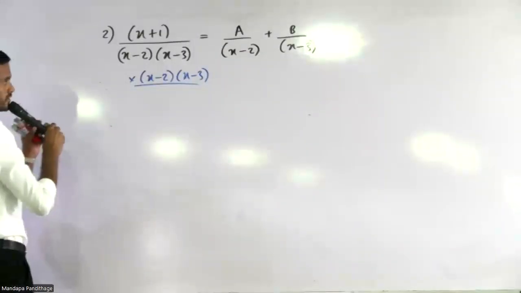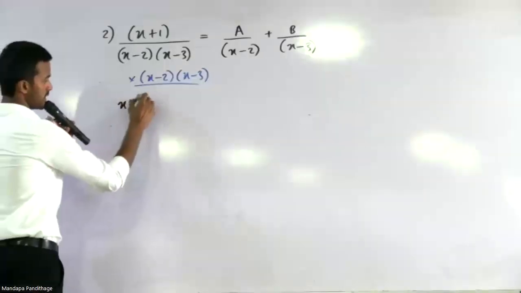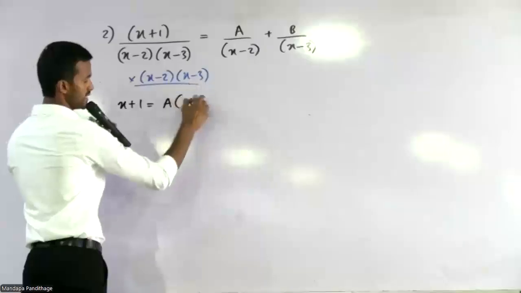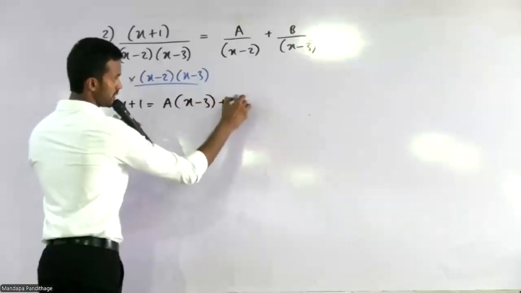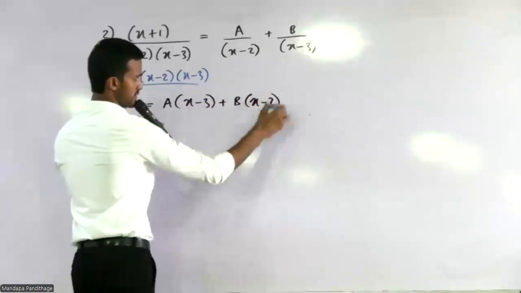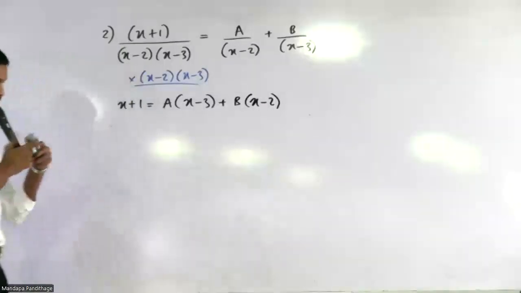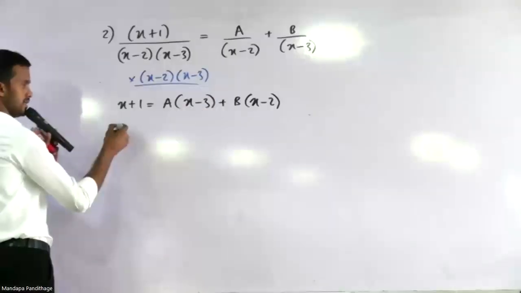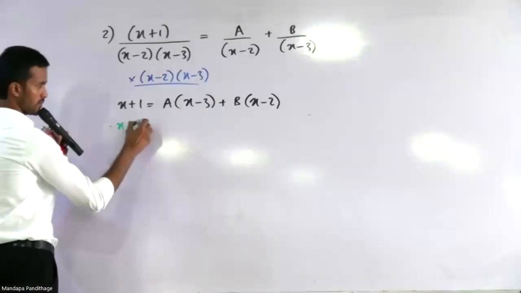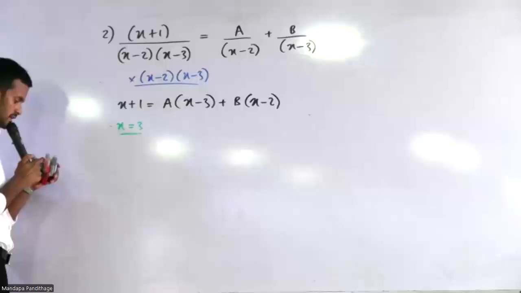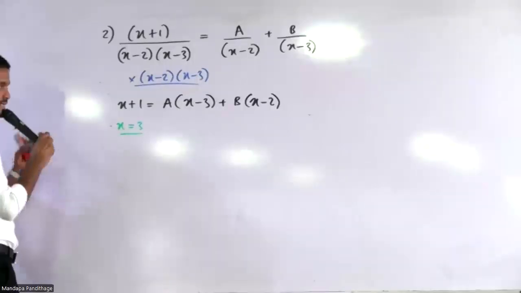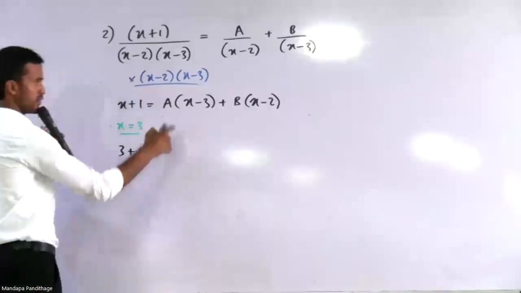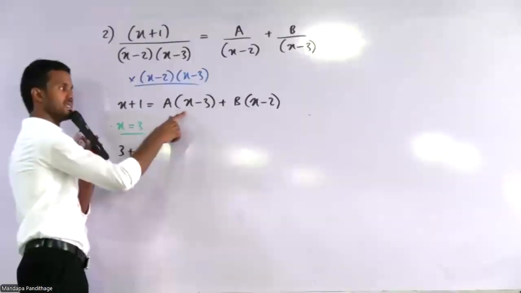Just write the final one. It's x plus 1 is equal to a times (x minus 2 cancels off, x minus 3 is remaining) plus b times (x minus 3 cancels off and x minus 2 is remaining). Okay, so make each factor equal 0. So you can put x equals 3. When you have x equals 3, 3 should be substituted. 3 plus 1 is equal to... You don't have to write this, okay? Because you know that it is 0, don't write it.